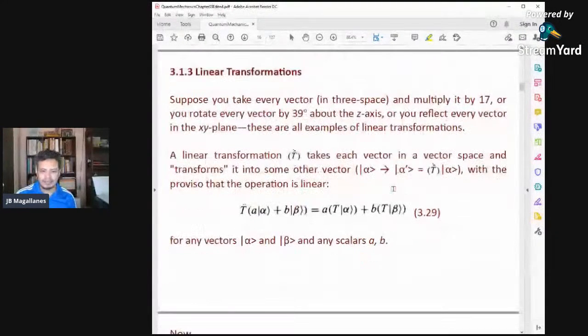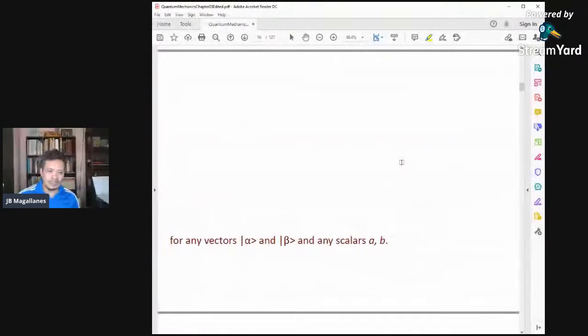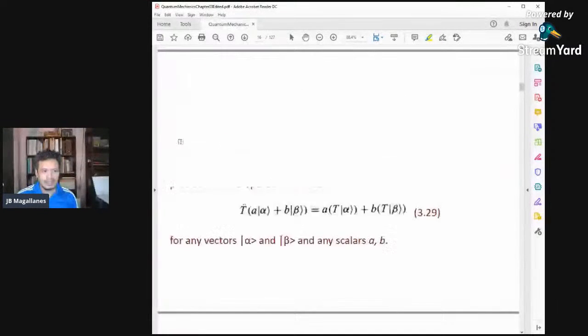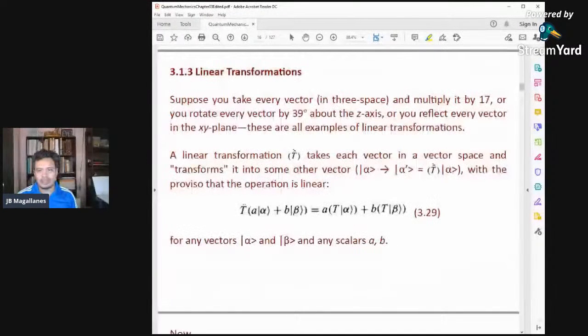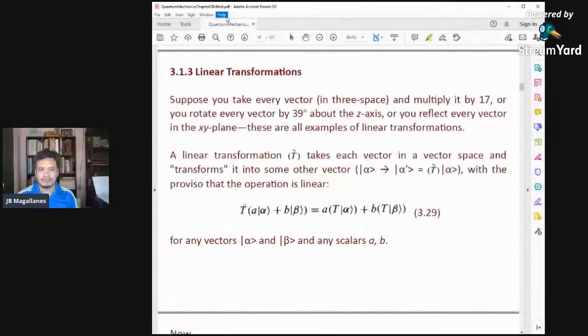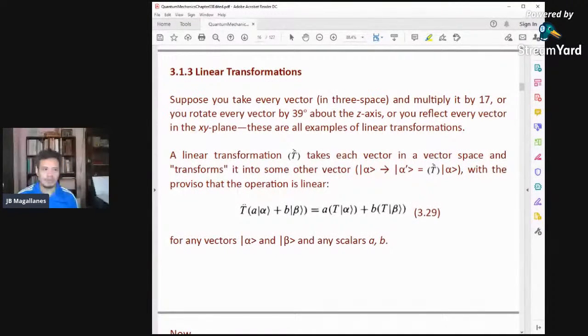Then I'm going to discuss linear transformation, but I think I would have to wait for the next meeting because of this blinking problem. This is of course due to StreamYard, because if I do not use StreamYard, this would not blink.